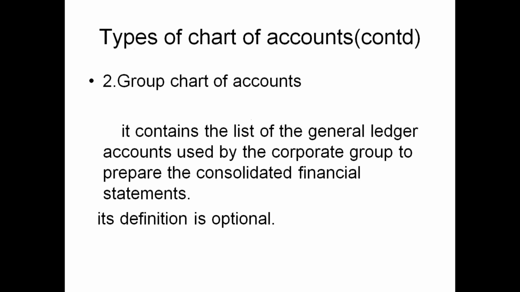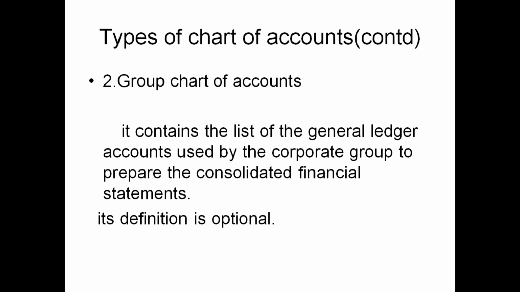Then we have the group chart of account. Let's suppose you are following different charts of account, and now you want to group them. You want a consolidated balance sheet for your group. For example, at a global level, what is the position for cash, sales, purchase, interest, depreciation, sundry debtors, creditors?